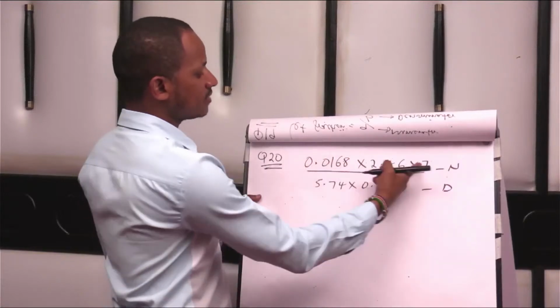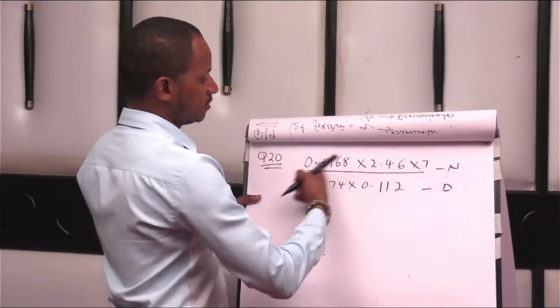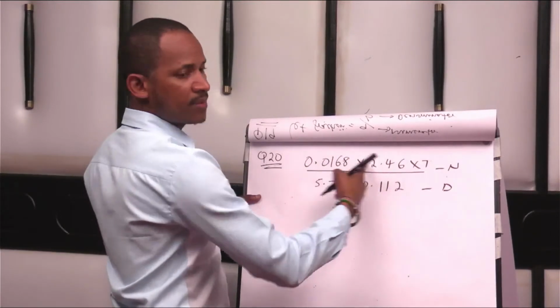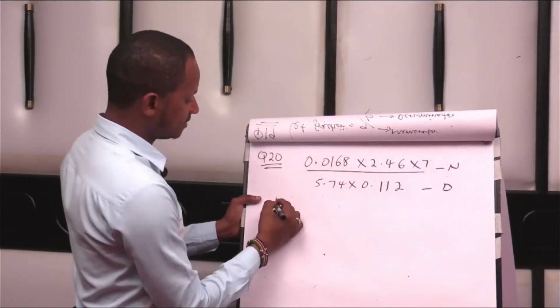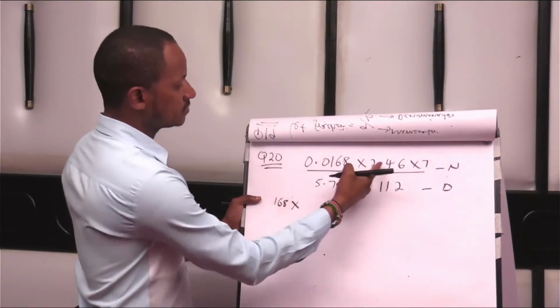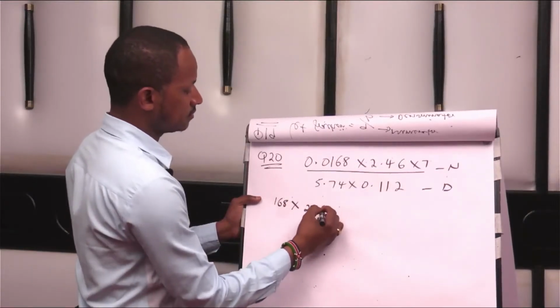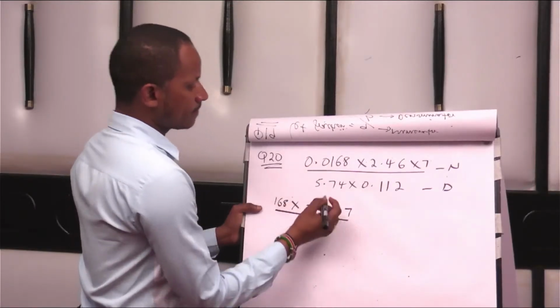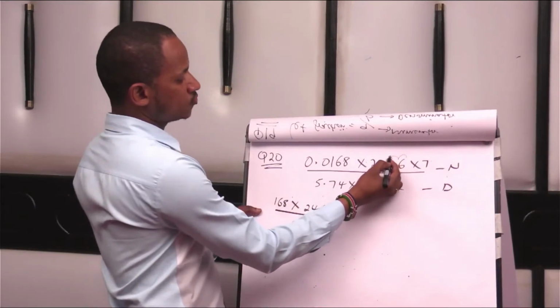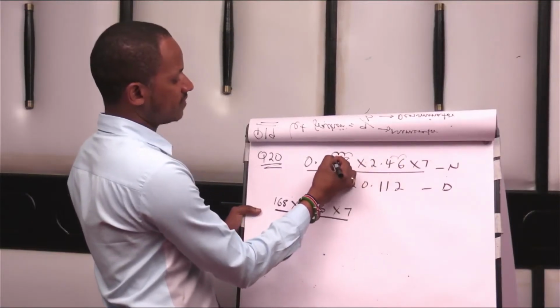For the numerator, we want to get rid of the decimals and change these numbers into whole numbers. So this will be 168 times 246 times 7, divided by how many decimal places? 1, 2, 3, 4, 5, 6.